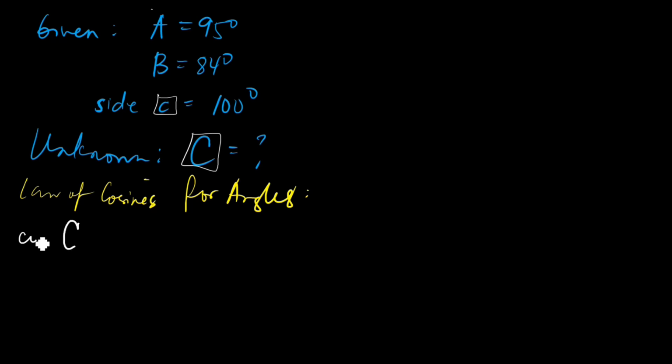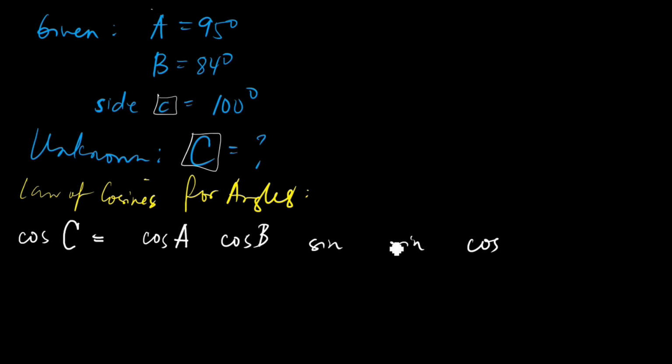So we have here cosine of the big C. Then on the right side, same format: cos, cos, sine, sine, cos. For the cos and cos, let us write the big B and then the big A. Or if you want to write the big A first and then the big B, it is up to you. It will be the same.